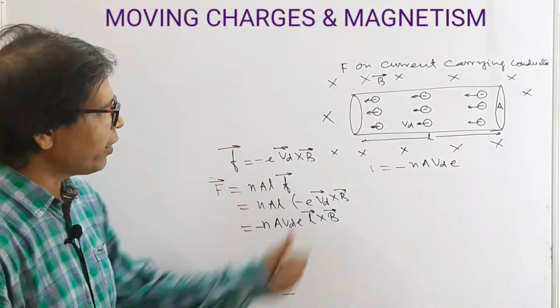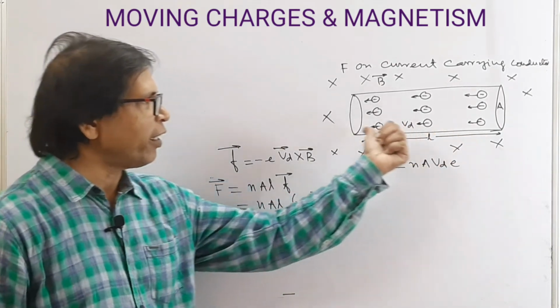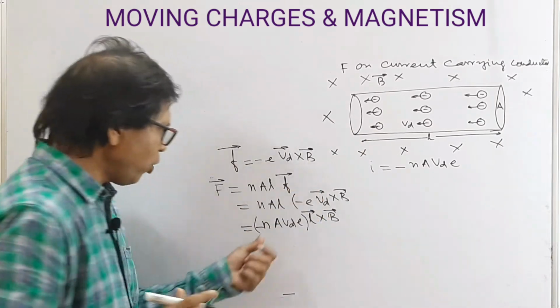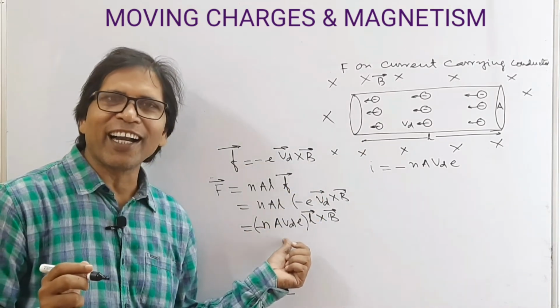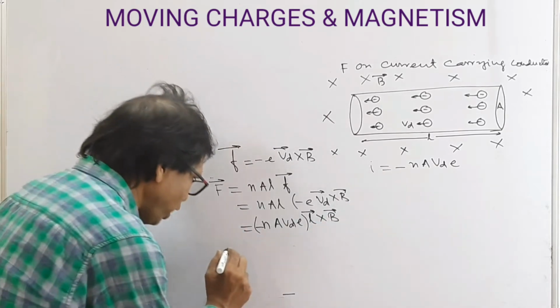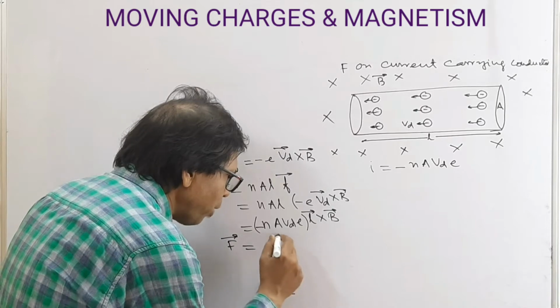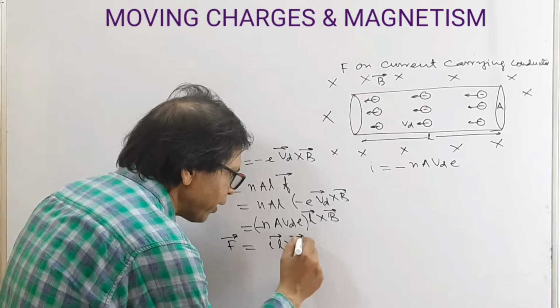The direction of the L vector is in the direction of current, and this is the current I. So the net force on the conductor is F vector equals I L vector cross B vector.